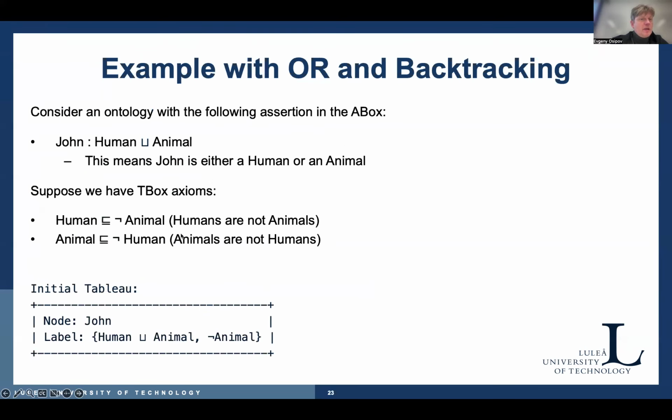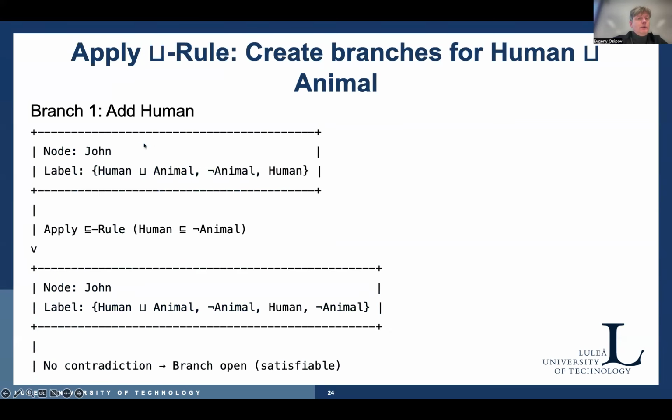This is the expansion rule for or. I will not scroll back. Basically, you do this expansion, and if you now look at this node, you check between all of them. You come to the conclusion that this branch is satisfied.